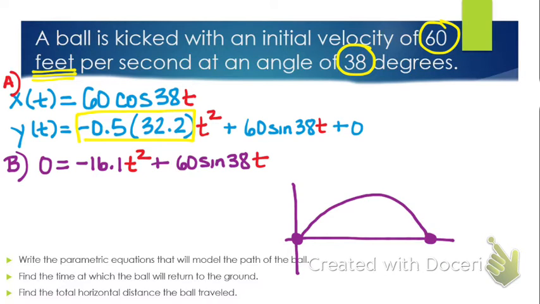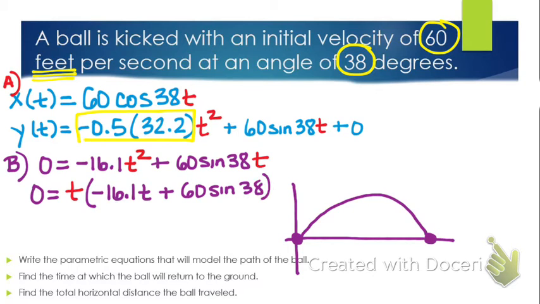T. Let's take out the t. So 0 equals t times negative 16.1 t plus 60 sine of 38.